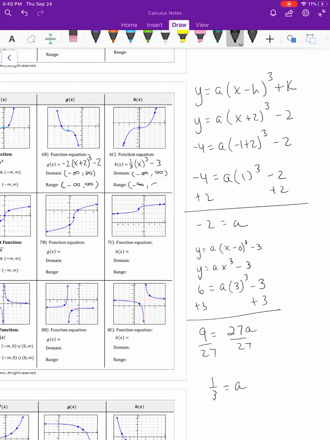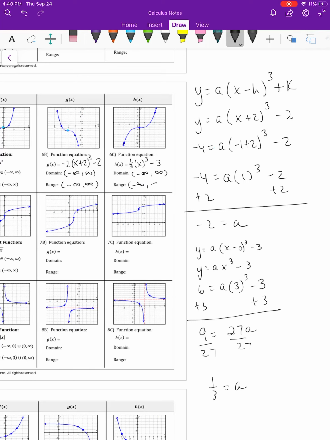So y equals a times the cube root of x minus 1, because it's to the right 1, and then down 2.